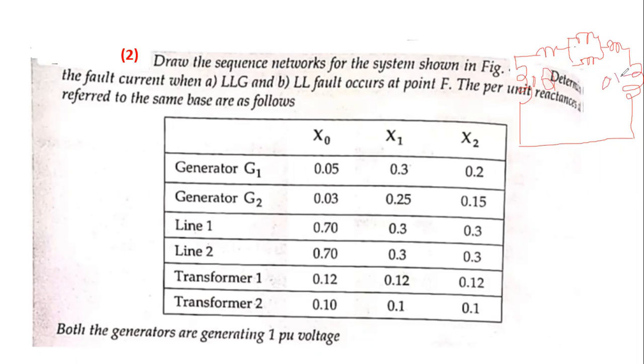Transformer 1 negative sequence reactance is 0.12, and transformer 2 is 0.1. The transmission lines have negative sequence reactance 0.3 each.